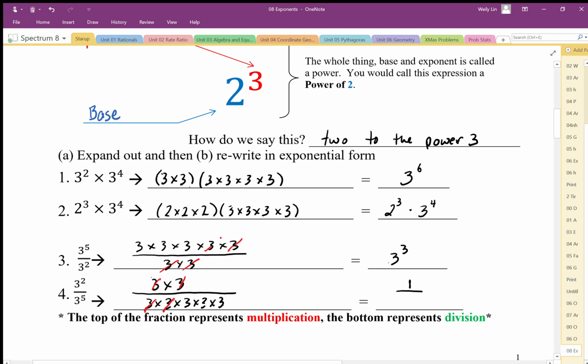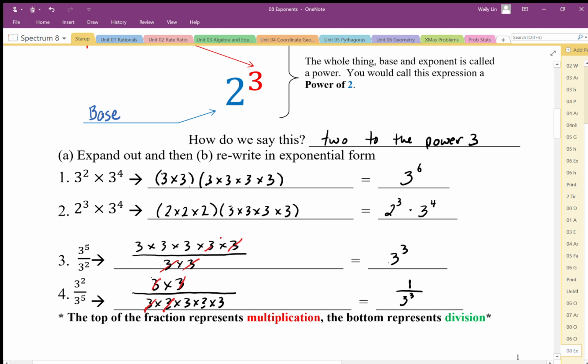Now on the bottom here, I've got 3. I can just count the divides on the bottom as 3 to the power 3. That just means I have 3 divides, which makes sense. If we can count multiplication with exponents, we can count division as well, and we count division in the denominator. Okay, so as long as we understand the top is times, the bottom is divide, this makes perfect sense. I have an extra 3 divide by 3's because it's in the denominator.